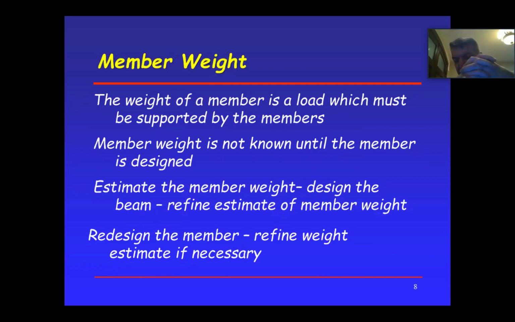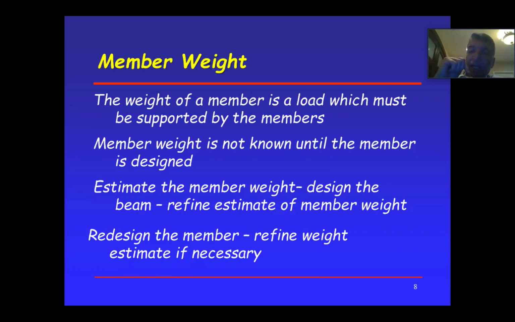It's very heavy. Every cubic foot of that weighs 150 pounds. So that beam is going to carry the load coming from the floor to it. But guess what? Somebody has to carry the weight of the beam itself.